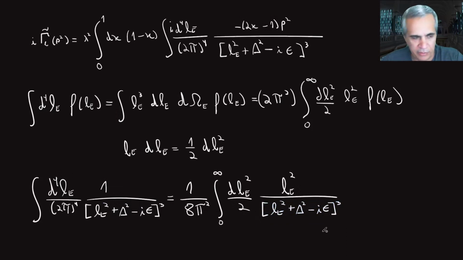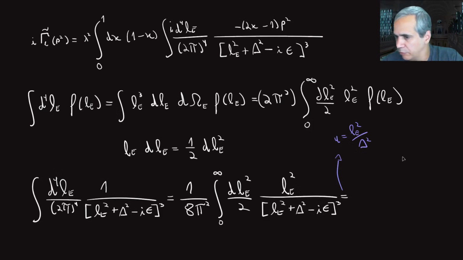Now, if I do the small change of variables here, right, just to make it more explicit, I can rewrite this. There's a factor 2 that goes outside, and I can do these. I'll just call u equal to L_E squared over delta squared. Right?